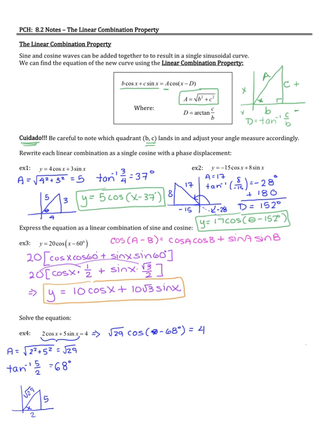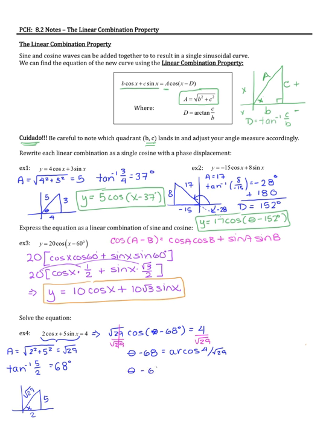So we solve it the way we've been solving things. I'm going to first divide both sides by rad 29. So that is gone. And then we take the arc cosine of both sides. So I have here, on this side, it'll still be theta minus 68, which is going to equal the arc cosine of 4 over rad 29.